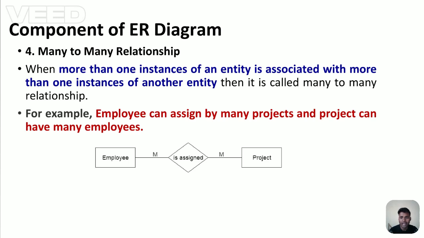Next we have the fourth relationship, many to many. Here the example is many employees are assigned many projects. So a bunch of employees are assigned a bunch of projects. So in this, there is a many to many relation.